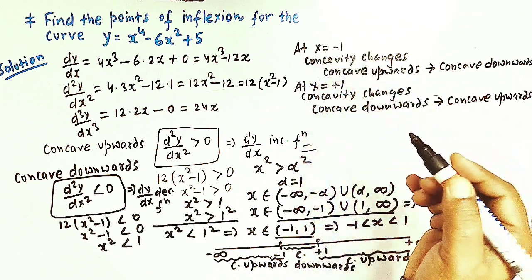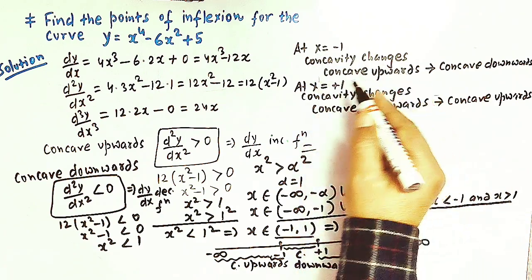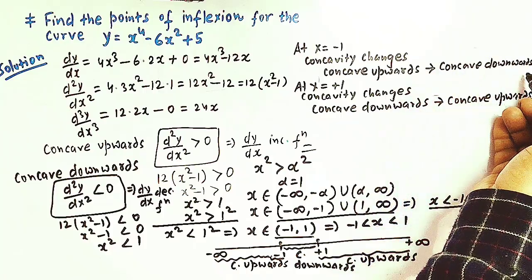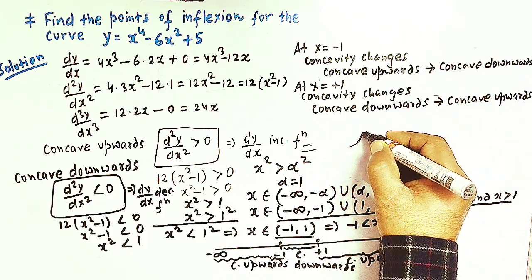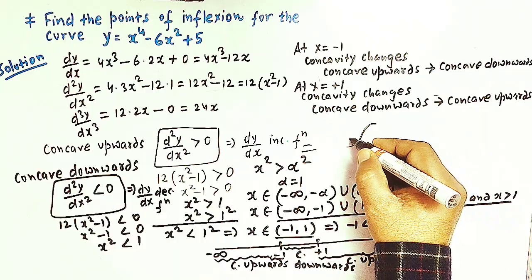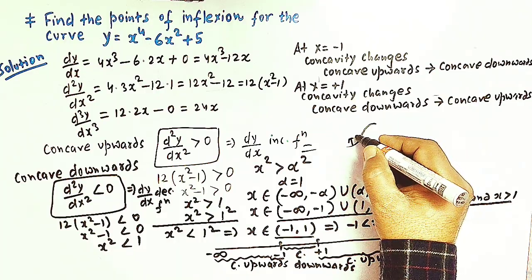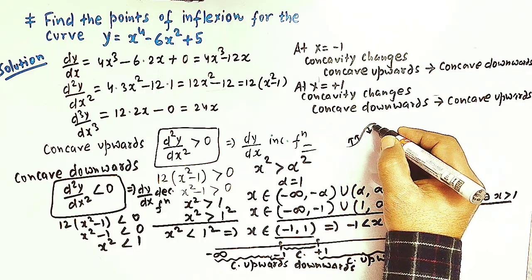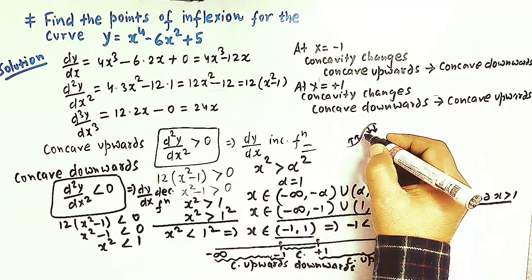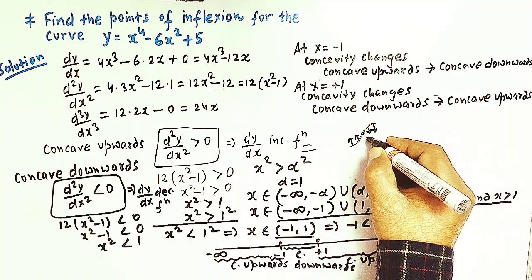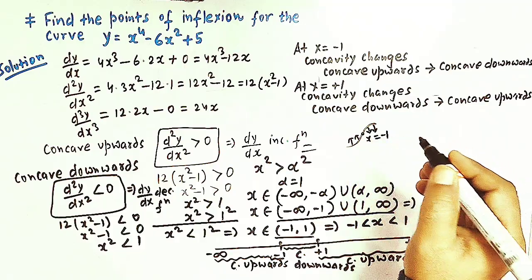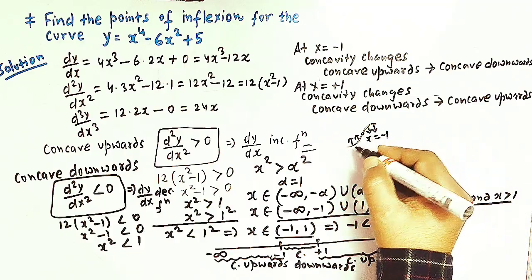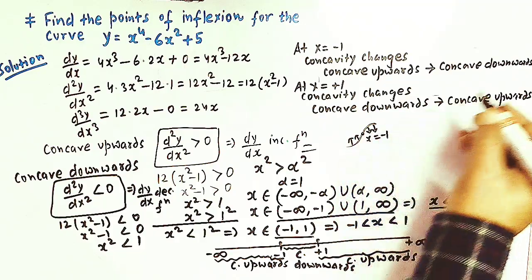At x is equal to minus 1, the concavity changes from upward to downward. So the shape of the curve is like this, right? So this is concave up and this is concave down. And at this point, that is x is equal to minus 1, which is the point of inflection, right? So the concavity changes from up to downward.